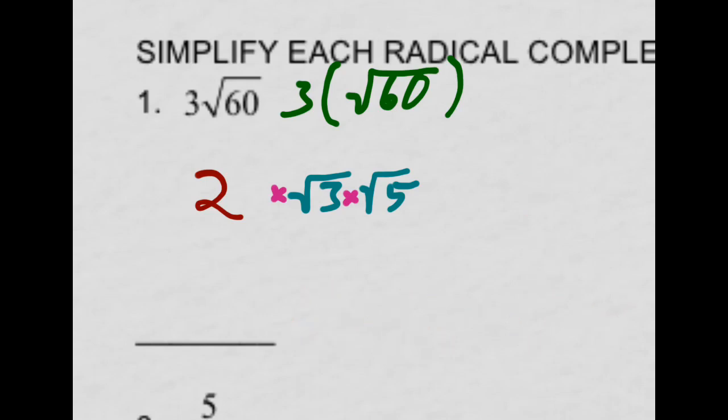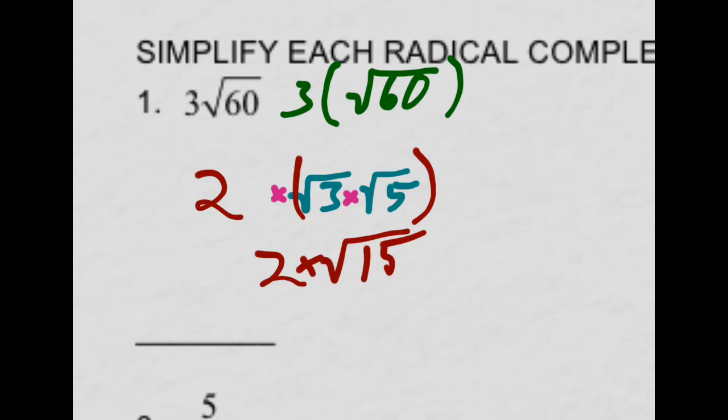So I end up with 2 times the square root of 3 times the square root of 5. Now there's nothing I can really do with the 3 and the 5, right? So I'm just going to multiply those back like we had them last time, and that's going to turn into the square root of 15, and I've got 2 times the square root of 15.